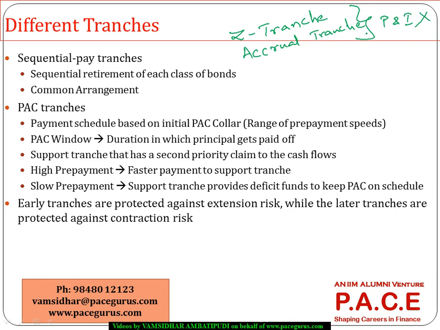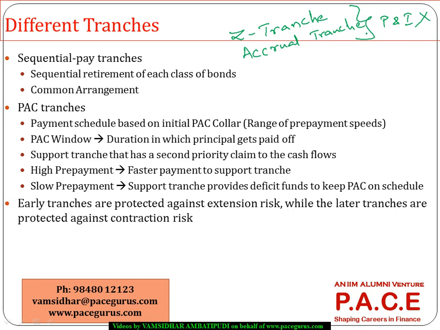So they will get the balance after the principal and interest repayments are completed for all the other sequential tranches. And in some cases, just like fixed rate tranches, we can have the same thing on a floating rate.